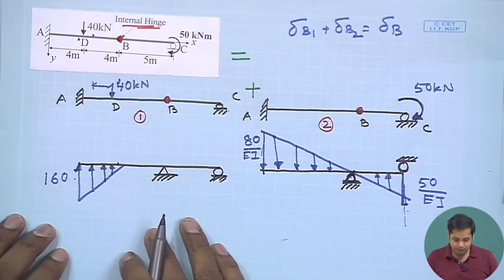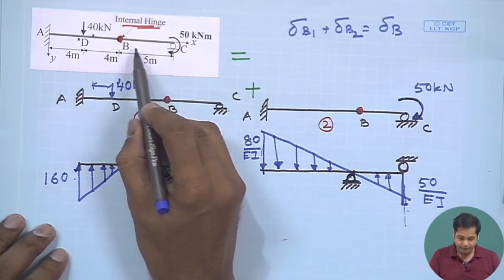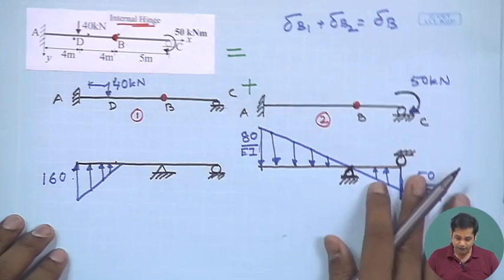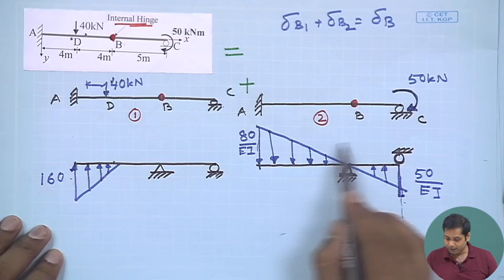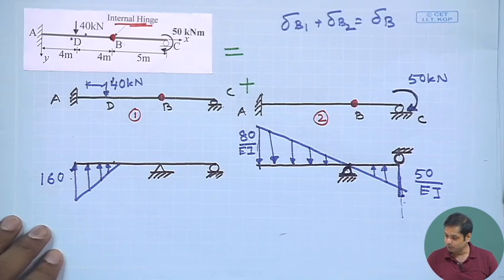Now, what do we need to find out? We need to find delta B1 from here, and delta B2 from here.